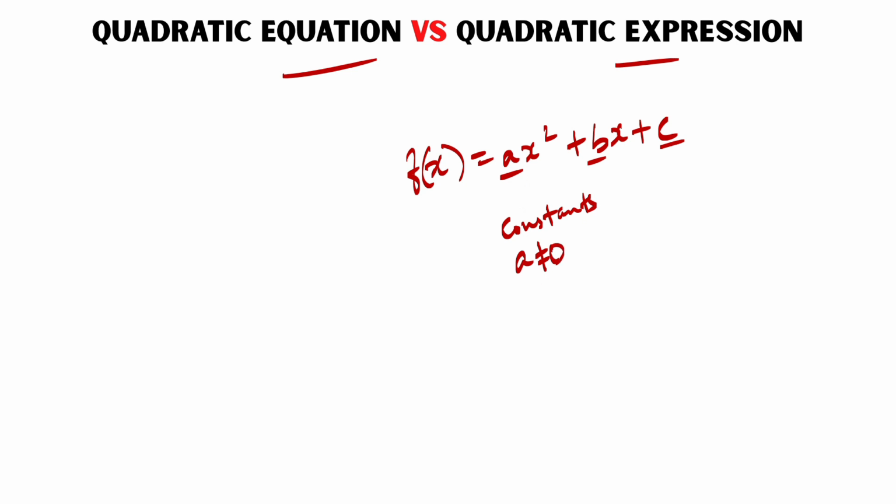Why shouldn't a be equal to 0? Because if a is 0, then this entire term will be 0, and this is no more a quadratic expression. This will become a linear expression.